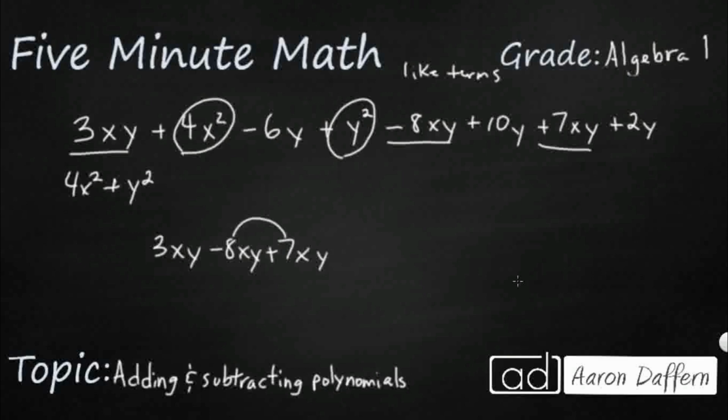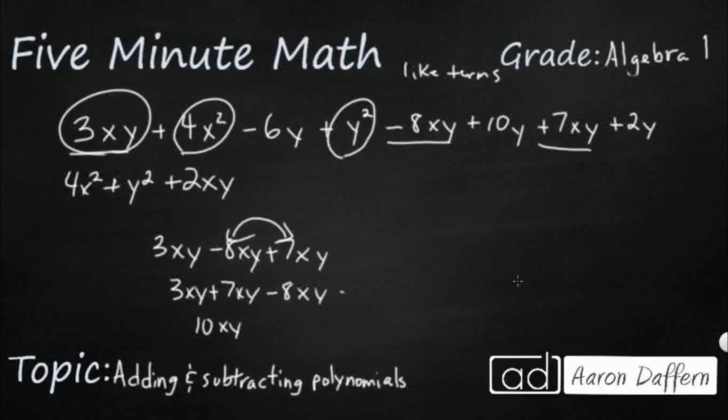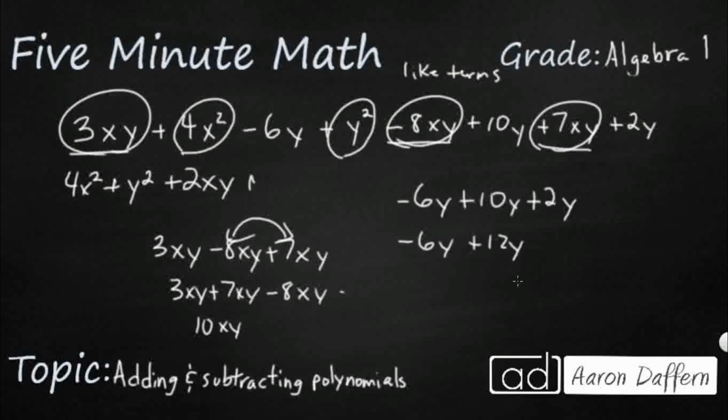If I want to switch those, I'll say 3xy plus 7xy. That gets me 10xy minus 8xy. That's 2xy. So I'm going to say positive 2xy. So those are taken care of. I'm going to circle those. And then we've just got some y's. End up as a positive 6y.